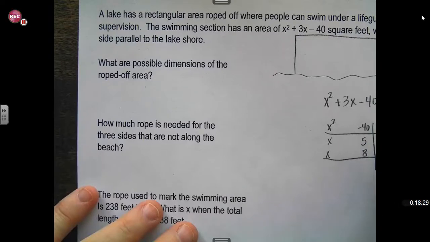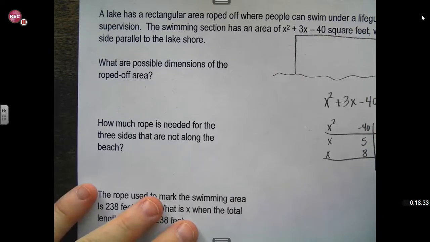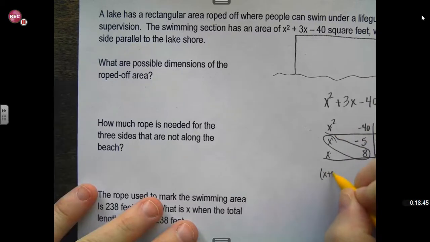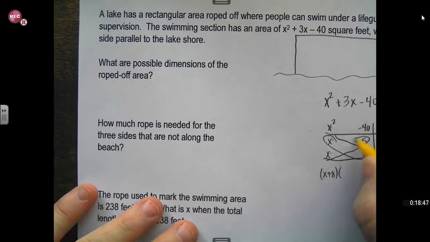And so 5x, 8x, I want the 3 positive, so I need the 8 positive, which means the 5 is negative. So that works. That's negative 40, positive 3x. So x plus 8 times x minus 5.